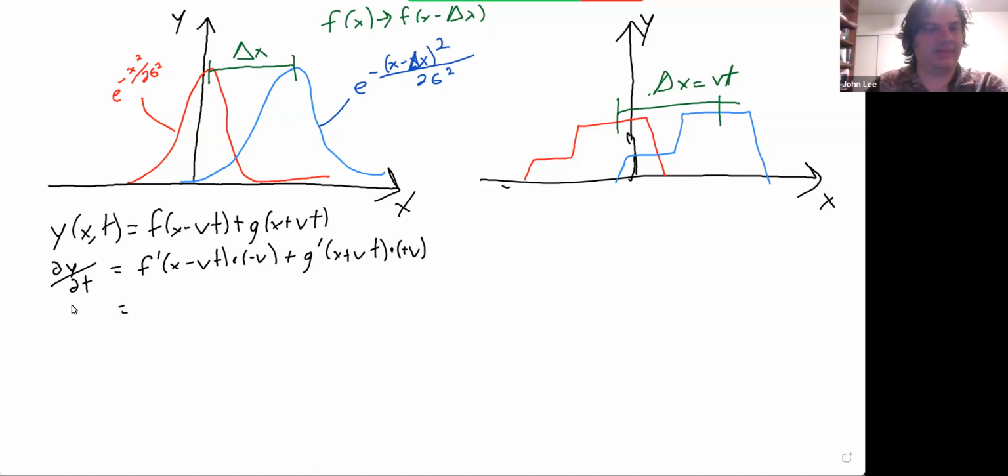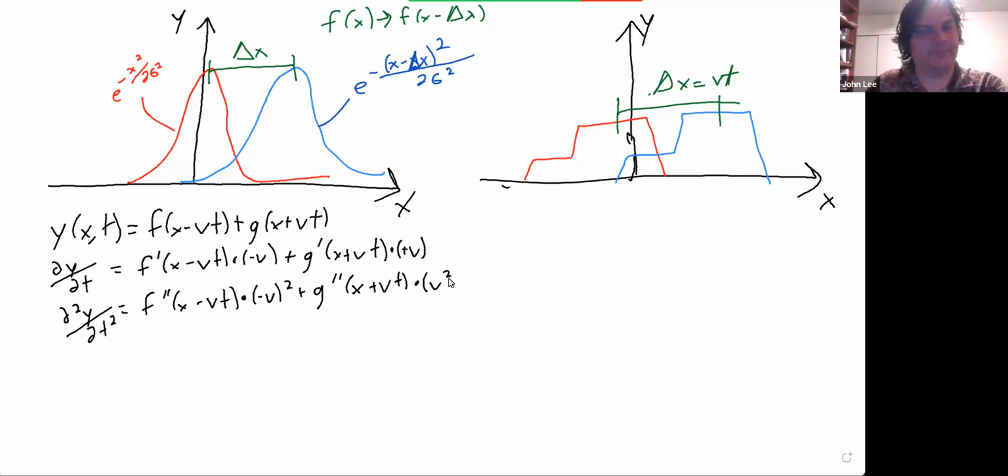The double derivative with respect to time, d squared y dt squared, equals f double prime of x minus vt times negative v squared, because again you're taking the derivative of what's inside, plus g double prime of x plus vt times v squared, which is equal to v squared times d squared y dx squared.